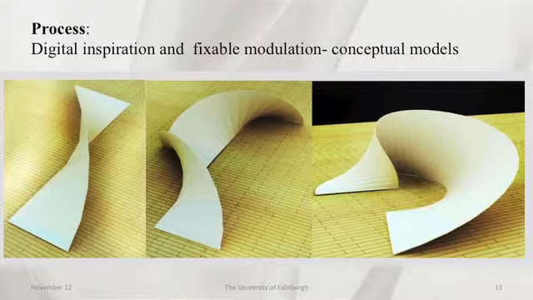I experimented with one object, the single twist piece, then created 2 other options using simple digital modifiers like twist and bend. The one on the left is the original, and the other 2 shapes are modified using very simple modifiers on the computer.